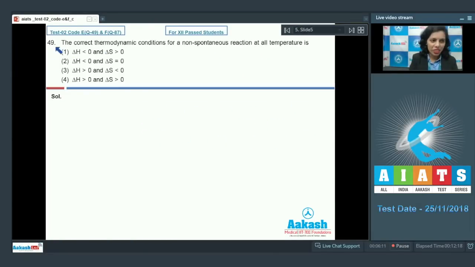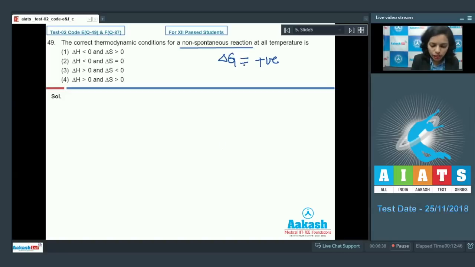Now here is question number 49. The correct thermodynamic conditions for a non-spontaneous reaction at all temperatures is, and here are several conditions which are given, and one thing we should always remember that whenever we talk about non-spontaneous reaction, it means the delta G value should be positive, because we know that in case of spontaneous reaction delta G value is always negative.